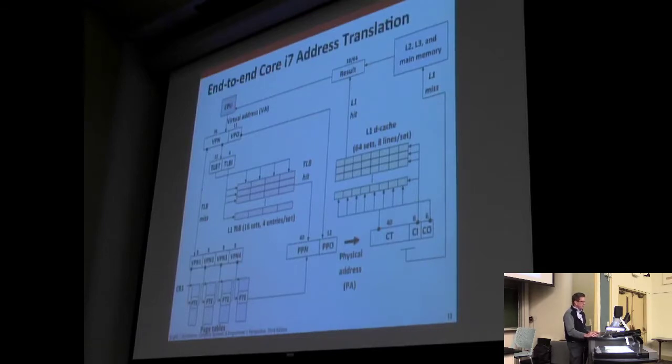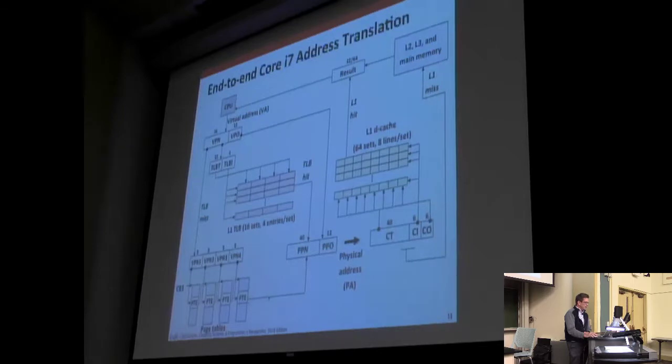If there's a TLB miss, then the system has to fetch the corresponding PPN from the page table using that multi-level lookup we looked at before. And I'll show you how this works in a little more detail coming up.